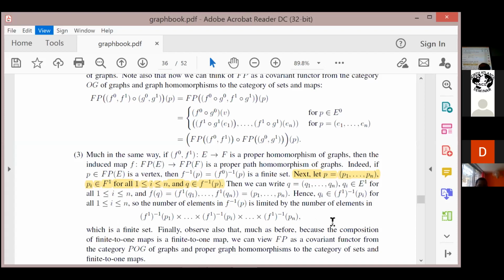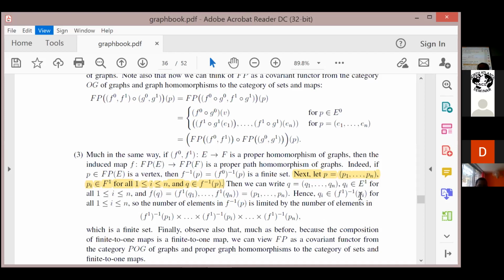But of course, I'm not saying that there are as many paths, because when I take an arbitrary edge in the preimage under F1 of Pi, and do it for all i, I don't have a guarantee that the end of Qi will be the beginning of Qi plus 1. So in principle, you have more elements in the set than you have paths that are in the preimage of P, but definitely not the other way around.